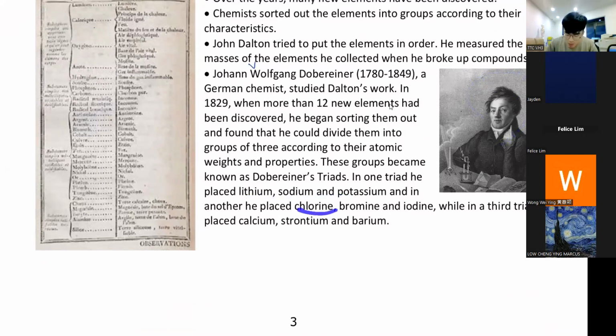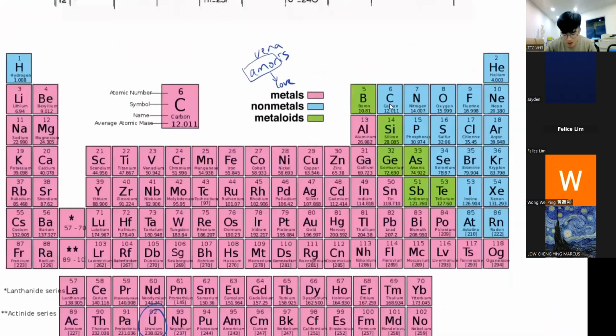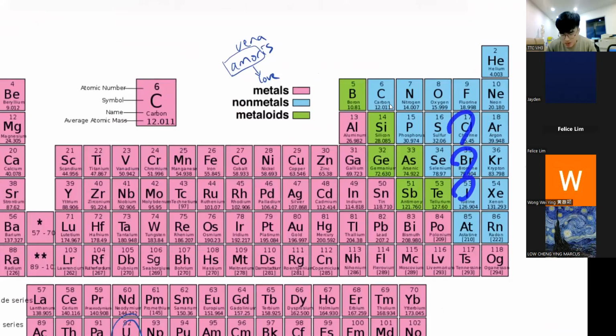And then chlorine, bromine, iodine, they belong to the same triad too, you see? So he was correct. Chlorine is a bleach. Chlorine is freaking crazy. Bromine, same thing. Iodine, same thing. That's why we use chlorine to kill bacteria. We also use iodine to kill bacteria. Iodine, you know where you put this? This is your 黄药水, your yellow medicine.